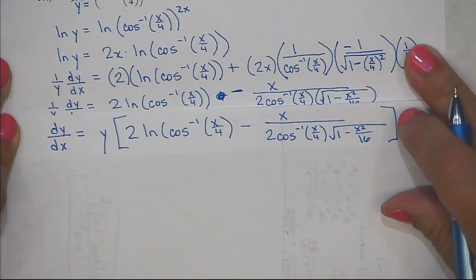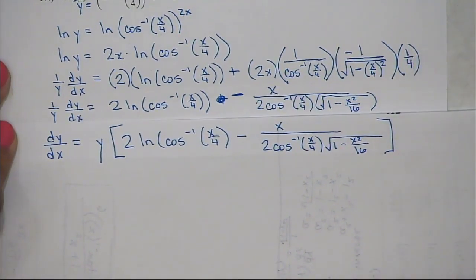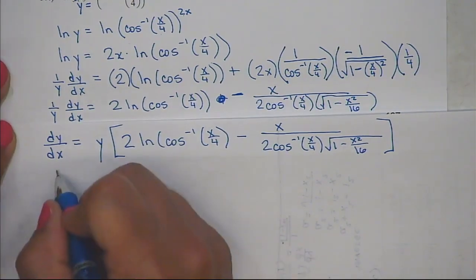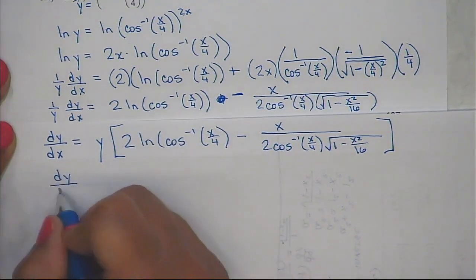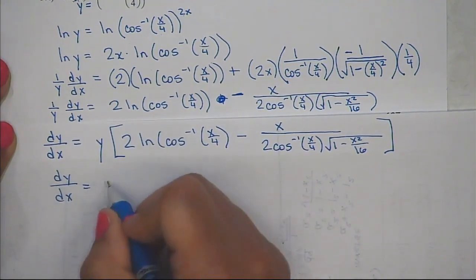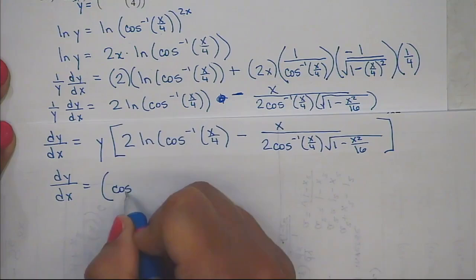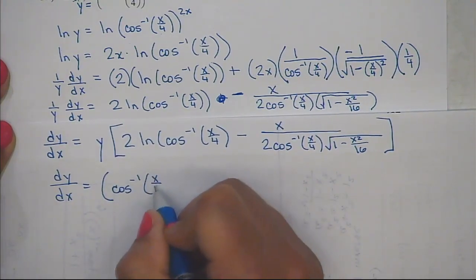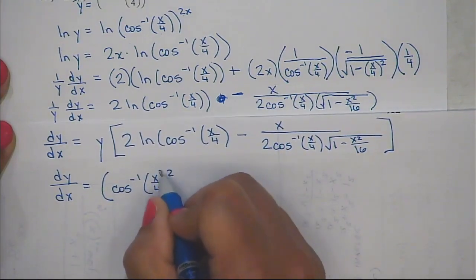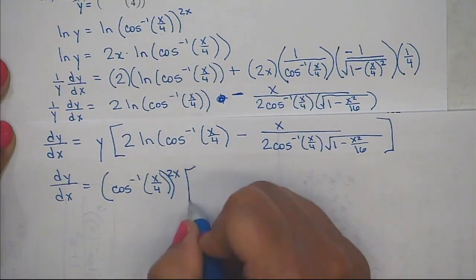All right. Okay, so that's what we got. And then we're going to replace the y with the original function. So our original function was this times all that.